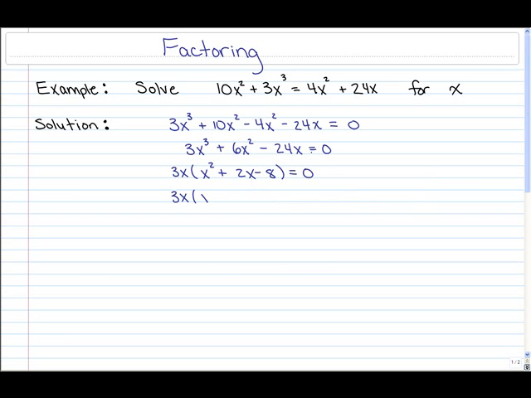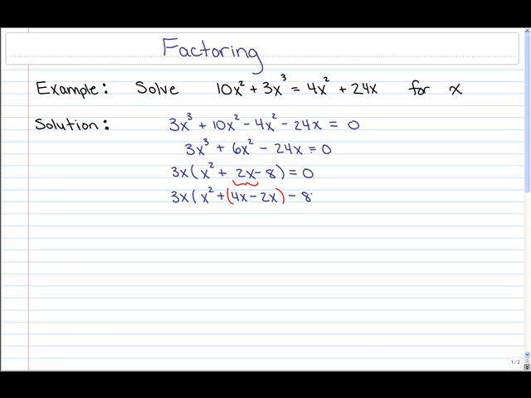So to write this, we're going to change 2x to be 4x minus 2x, because this here is equivalent to the 2x up above. So we haven't done anything wrong. We haven't really changed the question.